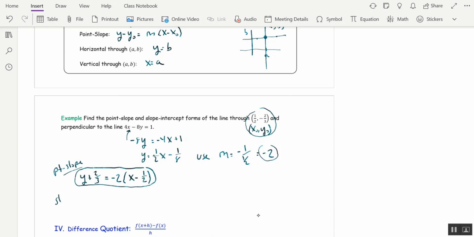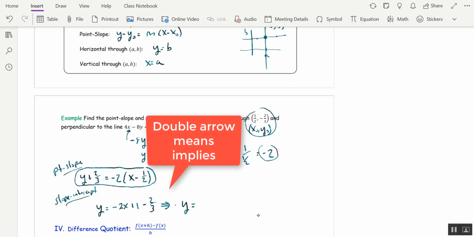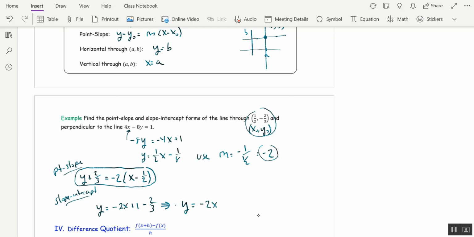And for slope intercept, what I do is I solve for y. And so this will give me y equals, distribute the -2, -2x plus 1, and then subtract 2/3 from both sides, and then clean that up. So y equals, you don't want a string of equals, -2x plus 1/3.